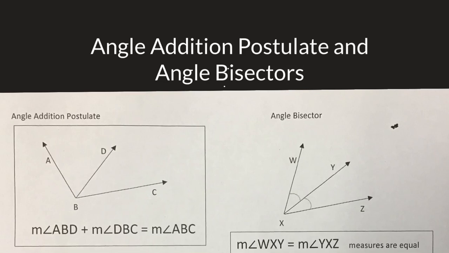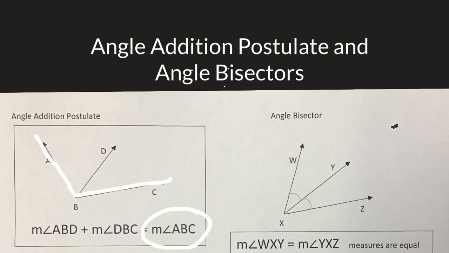Okay, today we're talking about angle addition postulates and angle bisectors and how we make algebra out of those two things. Notice here on the left, this is an angle addition postulate problem because we know the total of your largest angle. This is angle ABC.